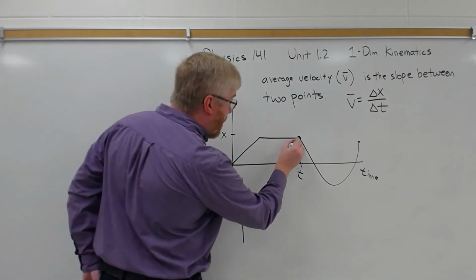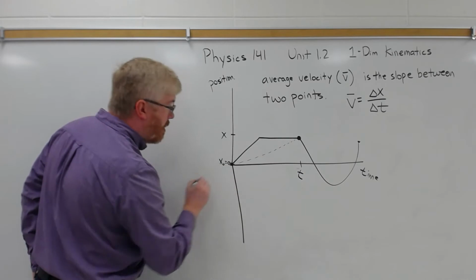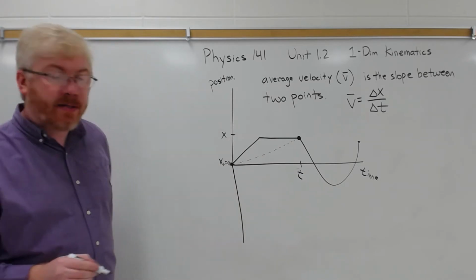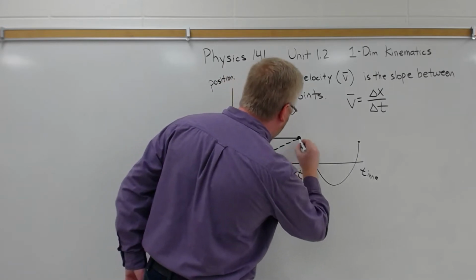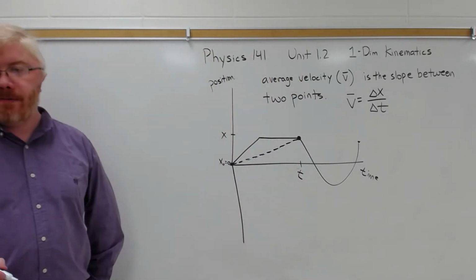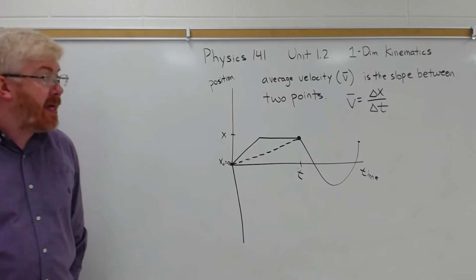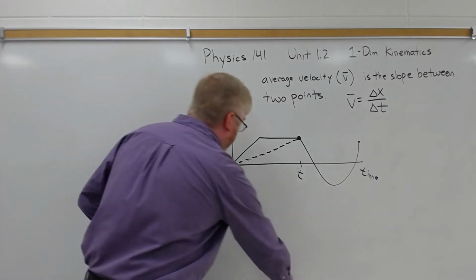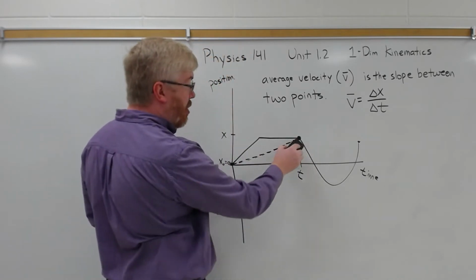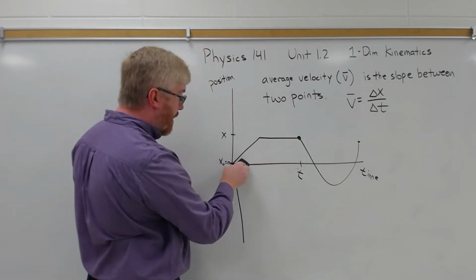So I have to draw a dotted line and figure out what the slope is between those 2 points. That will give me the average velocity. That's a positive slope, so it'll be some positive average velocity.